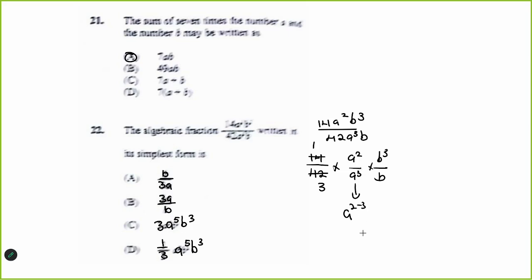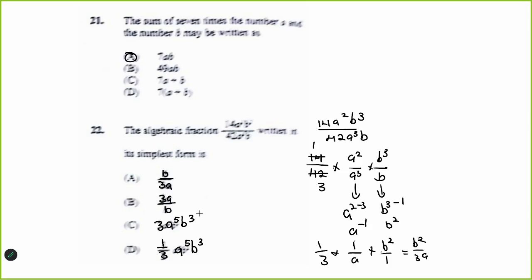You subtract the powers. That's a to the negative 1, or 1 over a, however you want to put it. So it's 1 over 3 multiplied by 1 over a multiplied by, bases are the same and you're dividing, b to the power of 3 minus 1, which is b to the power of 2, so multiplied by b squared over 1. So this would be b squared over 3a.